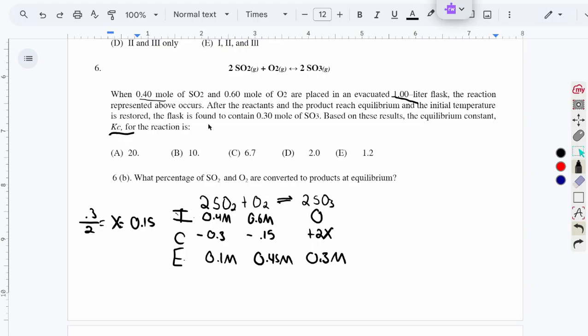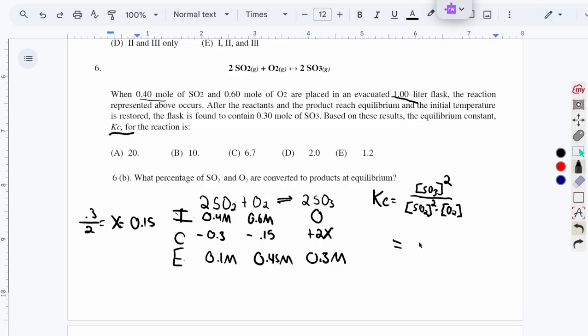Okay, what was the question? We're looking for Kc. My Kc expression is, and this is why it's always important to write out the whole thing, the concentration of SO3 squared over the concentration of SO2 squared times the concentration of O2. Make sure you square where it's appropriate.